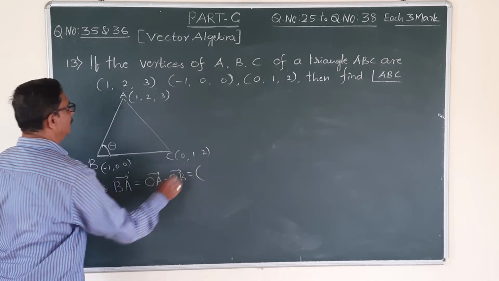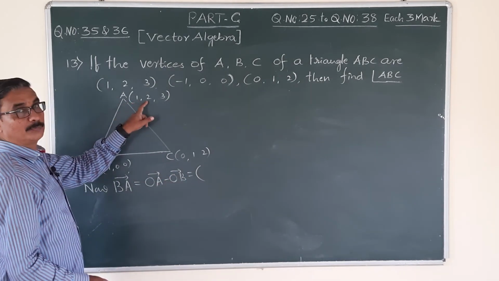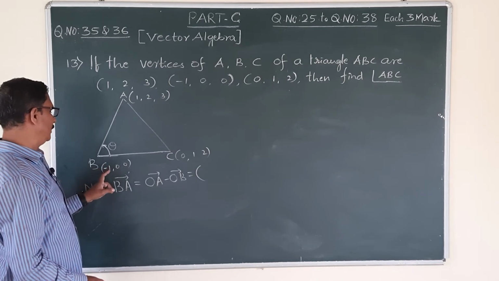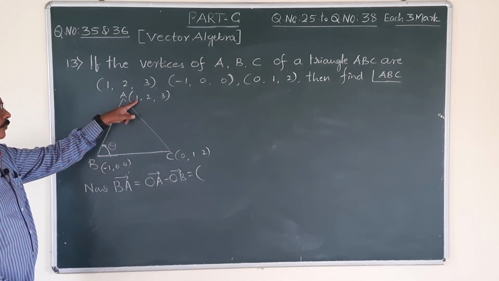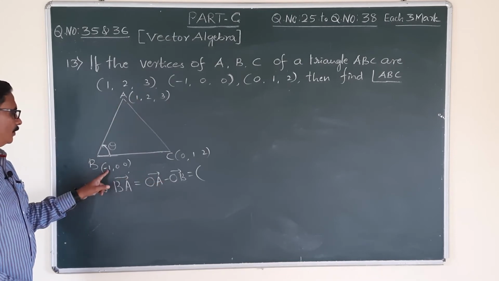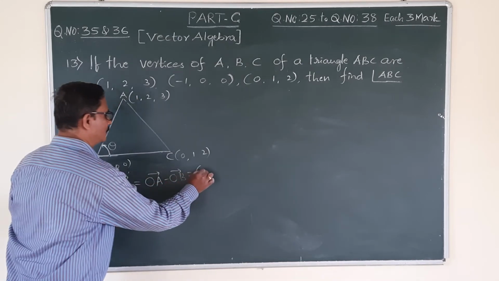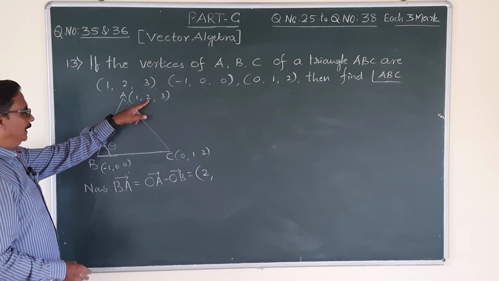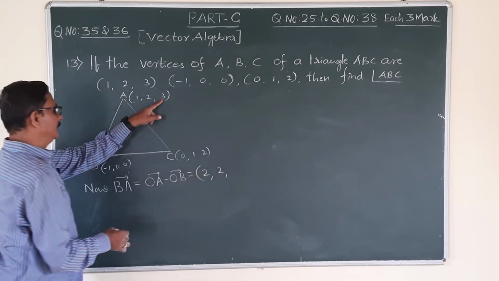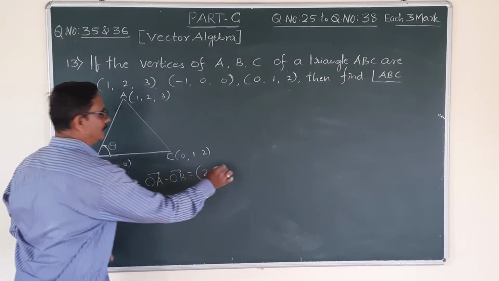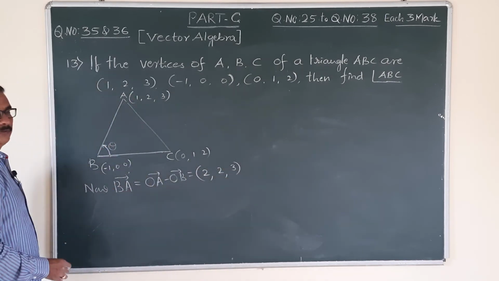OA is the point (1, 2, 3). B is the point (-1, 0, 0). Subtract OA minus OB: 1 minus of -1 plus 1, that is 2. Then 2 minus 0, that is 2. 3 minus 0, 3. This is the BA vector.